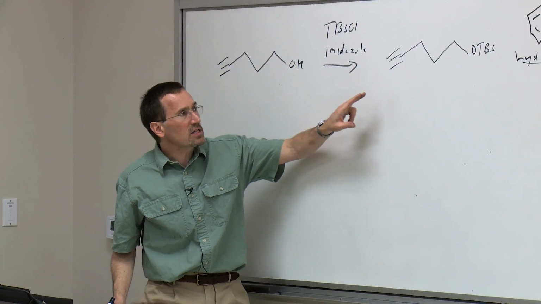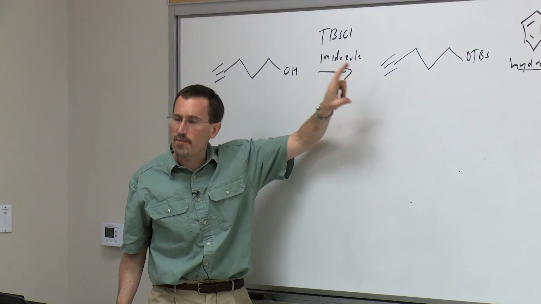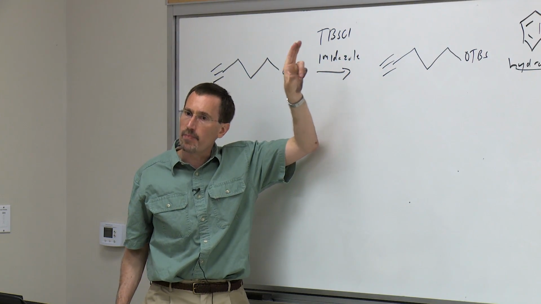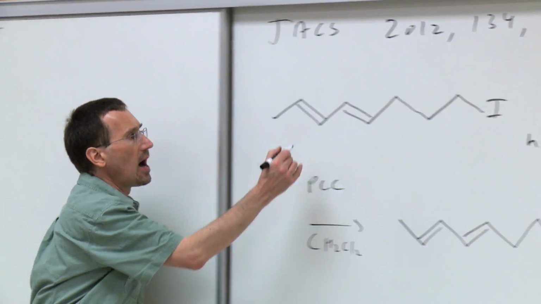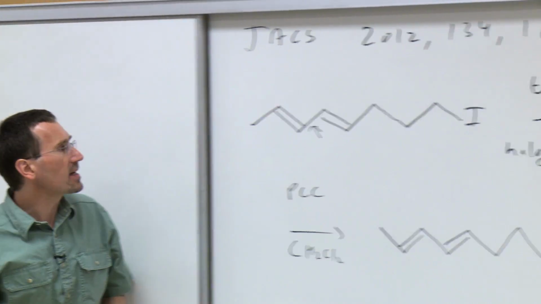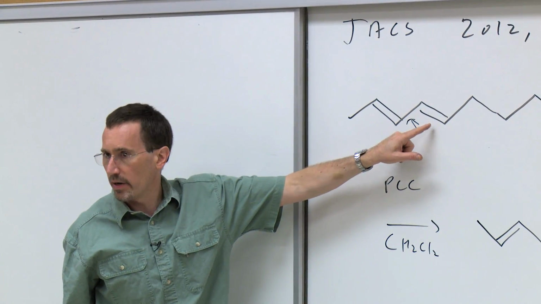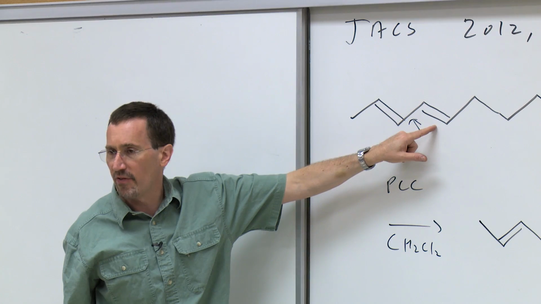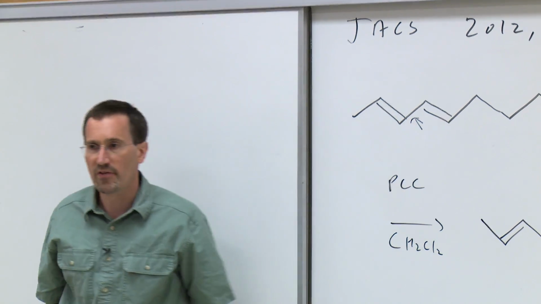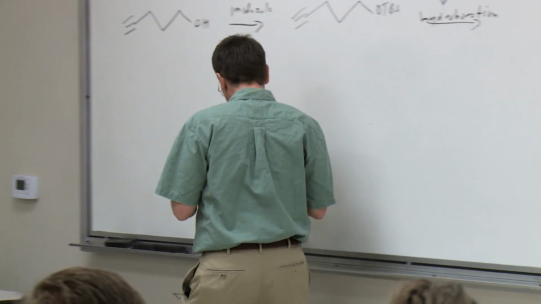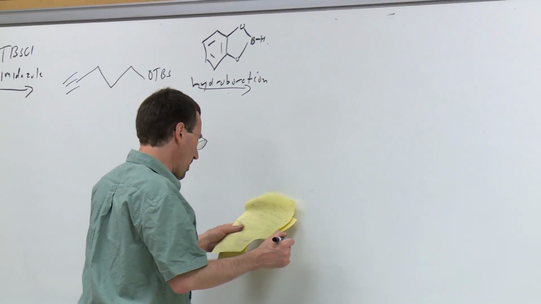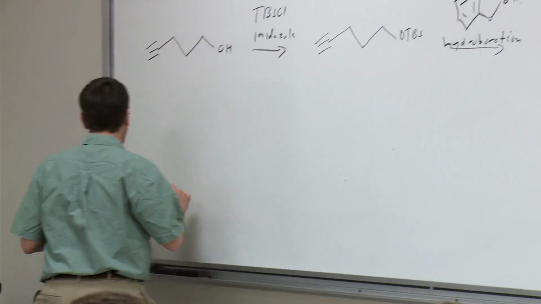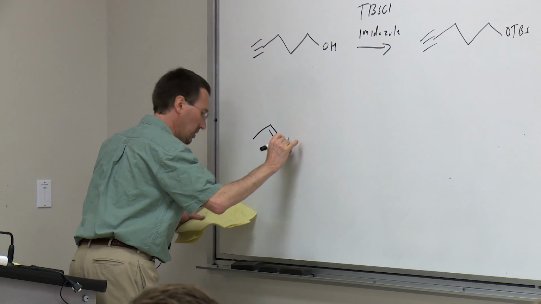So in the Suzuki reaction, we're going to form the diene by combining the two halves. We are going to form this bond over here by combining an organoboron compound, a vinyl boron compound, with a vinyl bromide. And I'll show you the setup for this. We're going to generate the organoboron compound like so. We do it by a hydroboration.